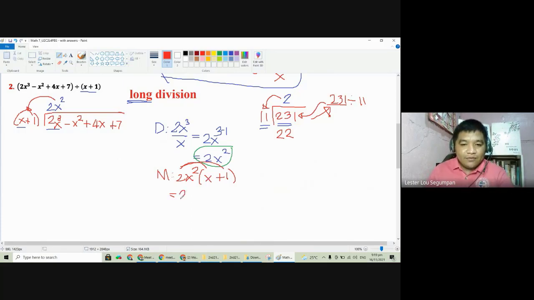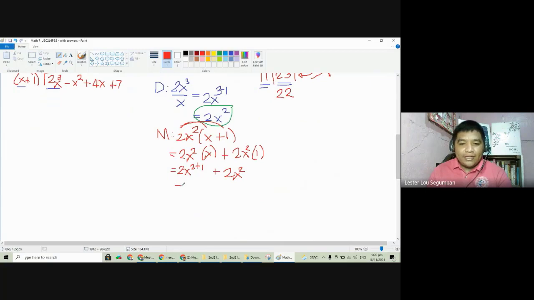And you will have 2x squared times x, separated by a plus, and you'll have 2x squared times 1. To continue, you have 2x squared times x plus 2x squared times 1. For the final answer, use the multiplication law of exponents because we are multiplying, so add exponents.